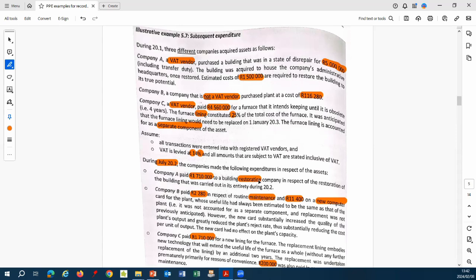Some of it is able to be capitalized, such as our restoration, our new computer parts, and our furnace lining replacement. And some of it has to be expensed because it is day-to-day servicing and maintenance. So our maintenance for our plant and our maintenance for our furnace.